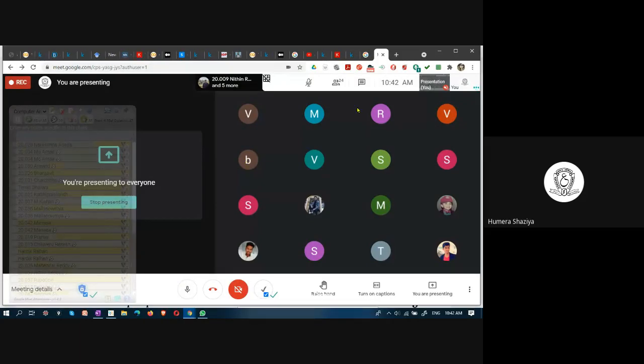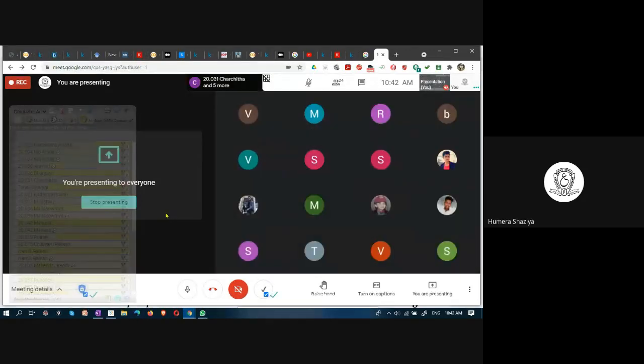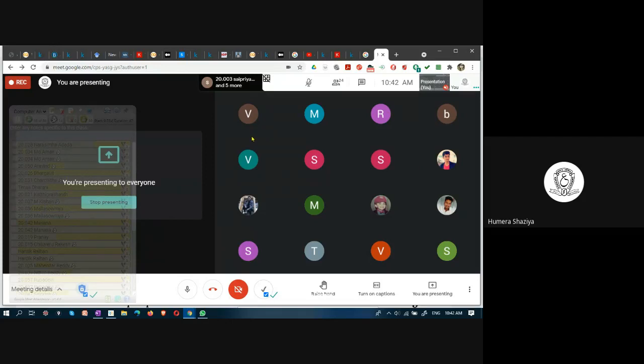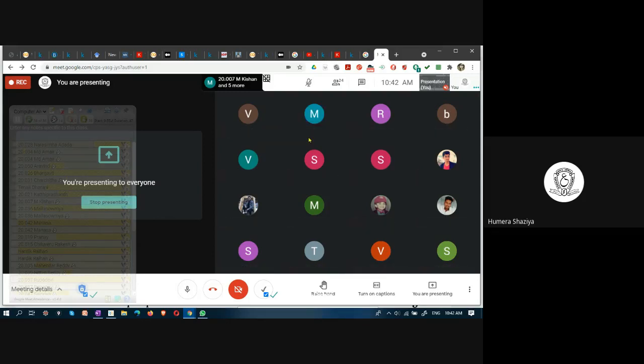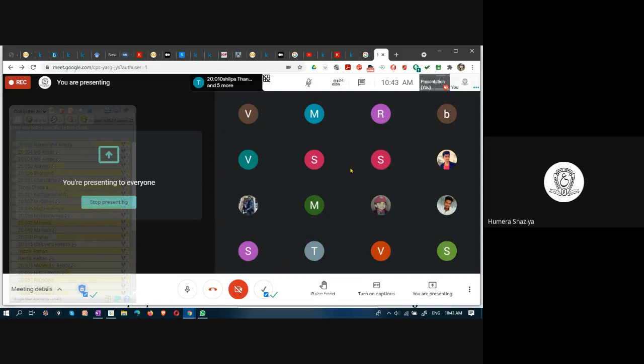Write down the combinations for the XOR gate in the chat window. Yes, Vani, can you tell me? Manasa, can you tell me? Rupa? Am I audible, students? Yes, ma'am.